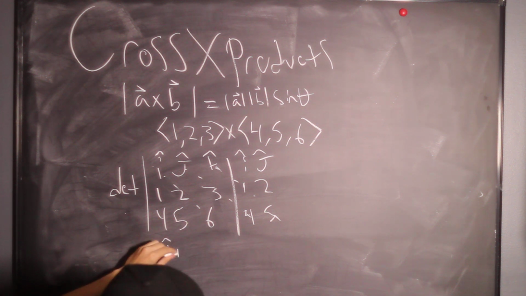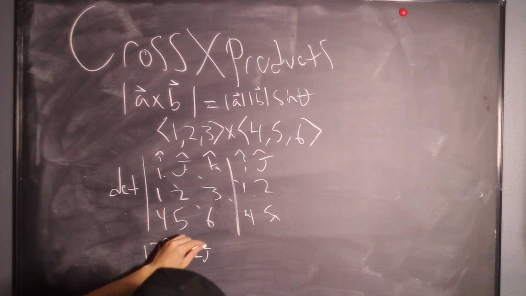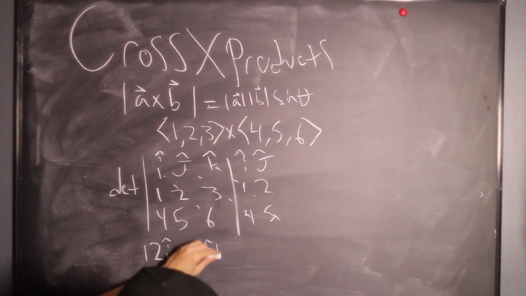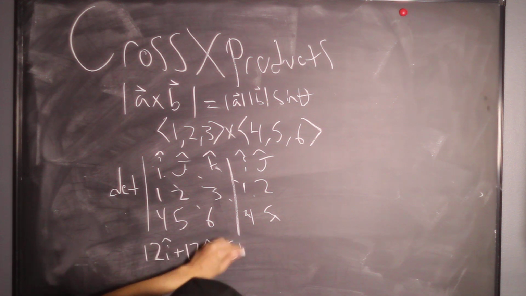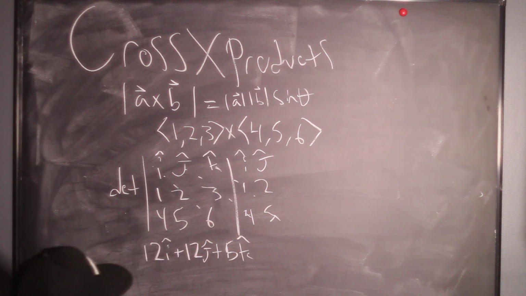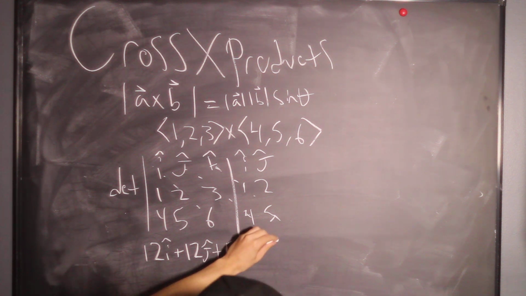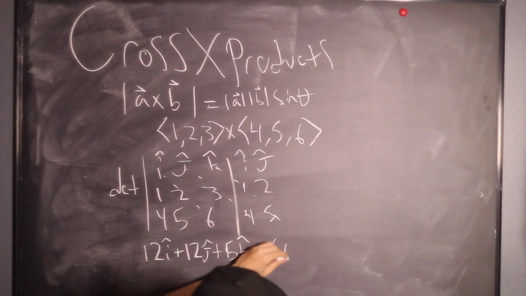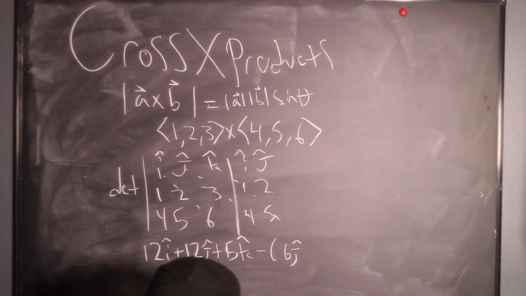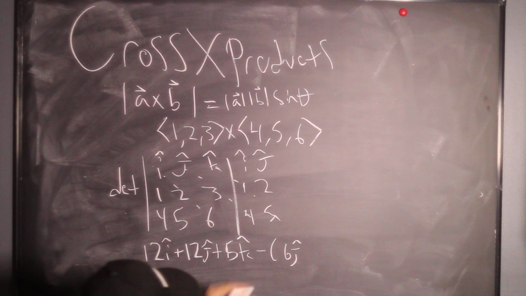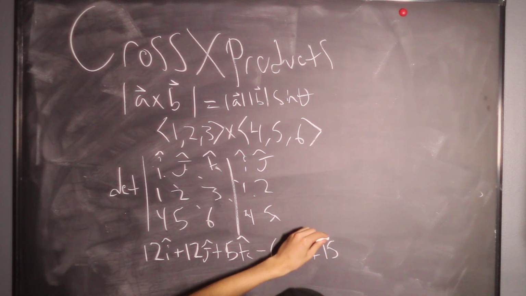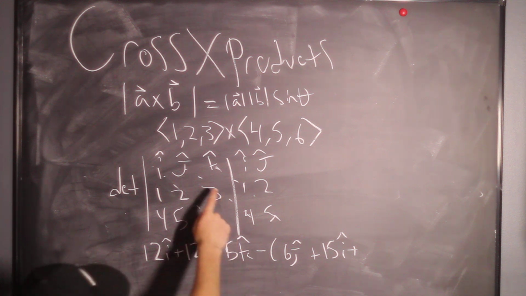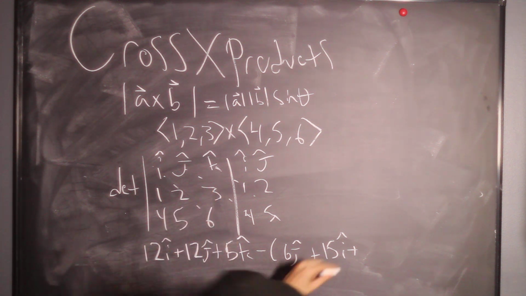Then we have plus 12 j hat plus 5 k hat. And then it'll be minus 6 j hat plus 15 i hat, plus 8 k hat.